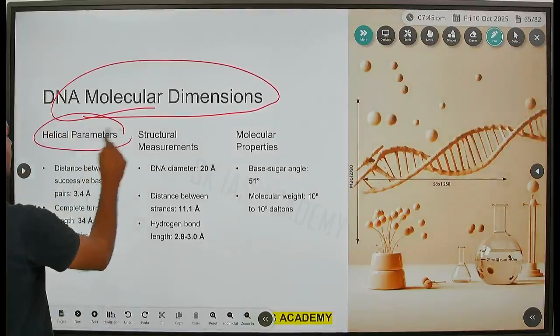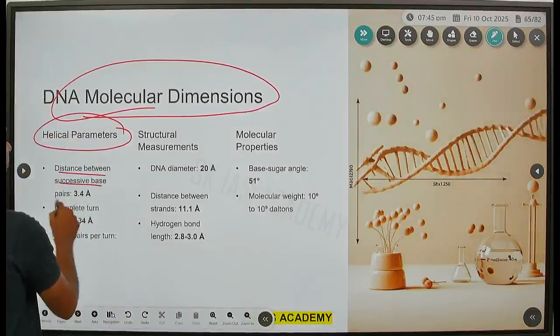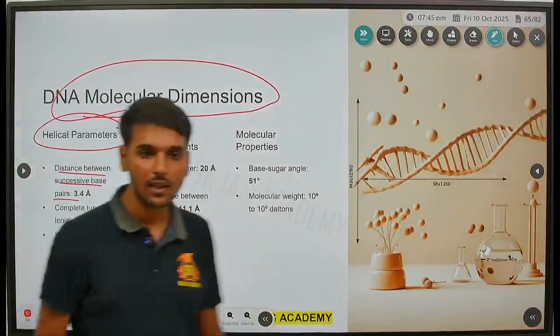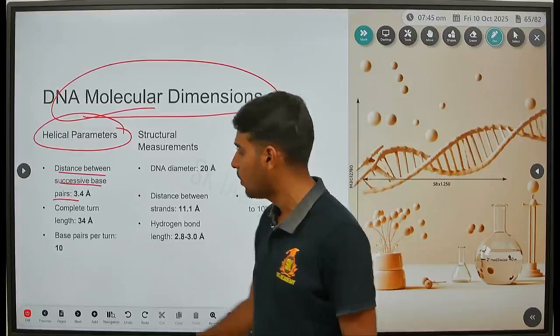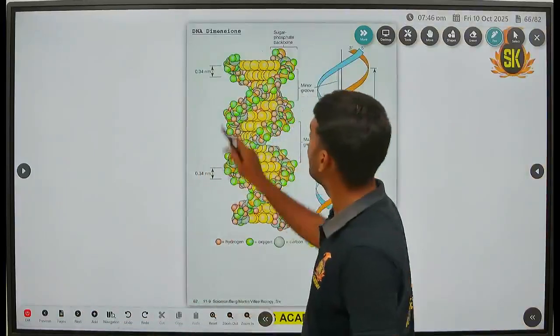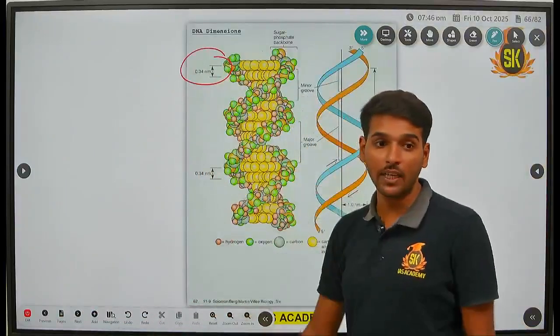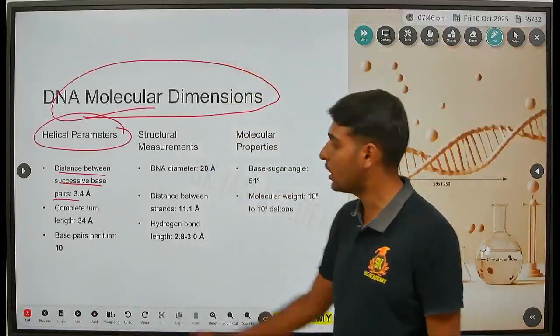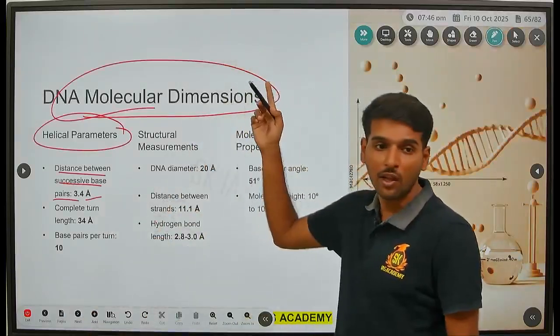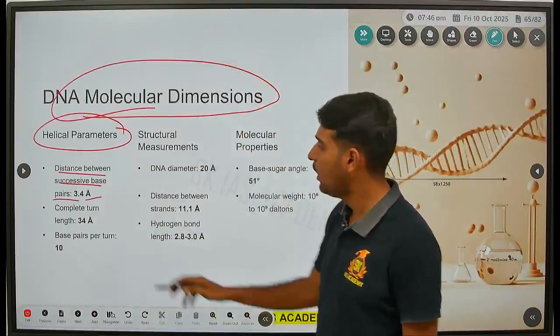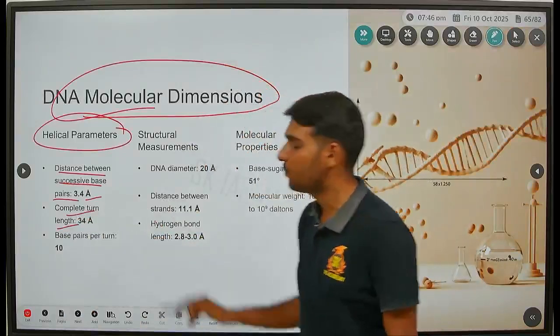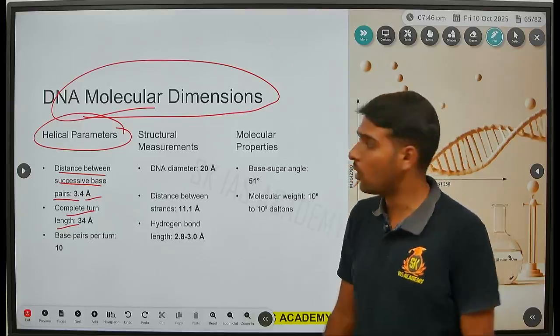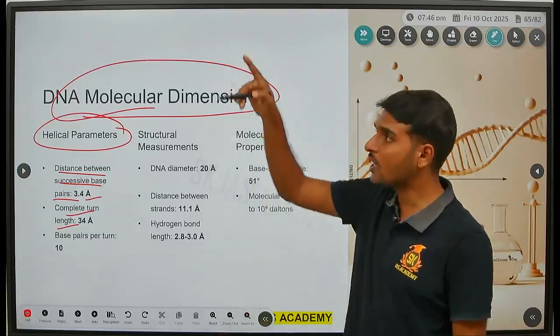Helical parameters: the distance between successive nitrogenous bases is 3.4 angstroms, or 0.34 nanometer. 3.4 angstrom is 10 to the power minus 10, and nanometer is 10 to the power minus 9. The complete turn length is 34 angstroms, one complete turn.